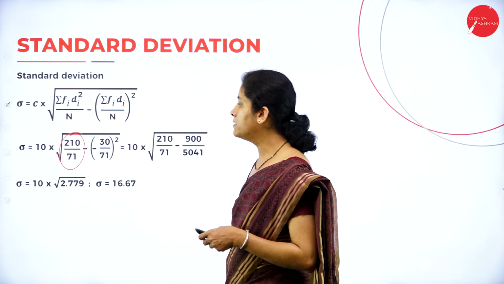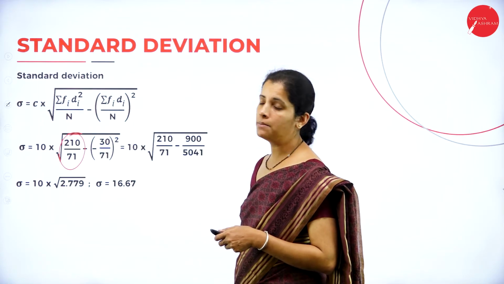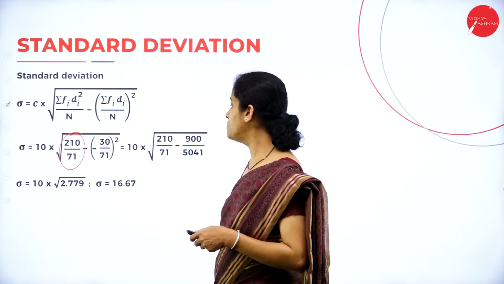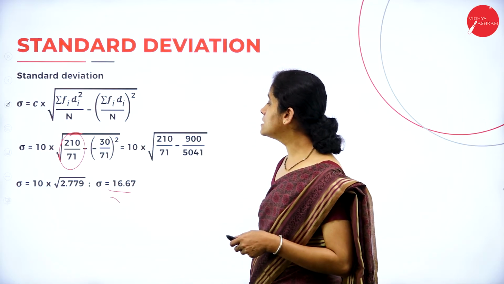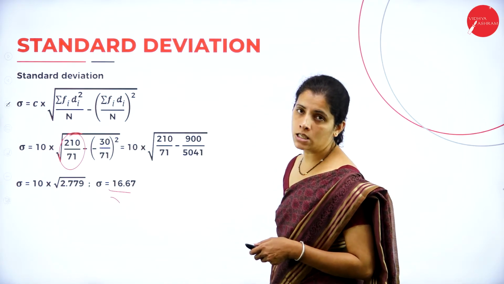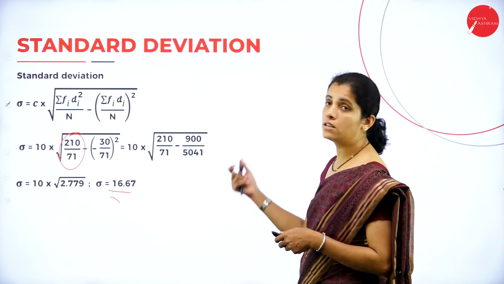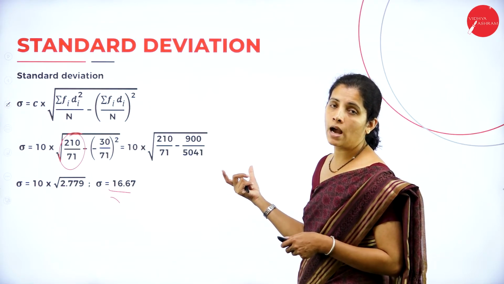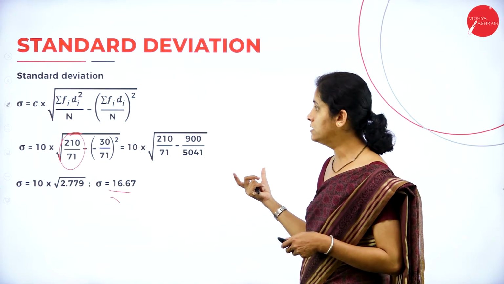After simplifying that, I'm going to get the answer, that's nothing but the standard deviation sigma equal to 16.67. This is the way I can apply the step deviation method.